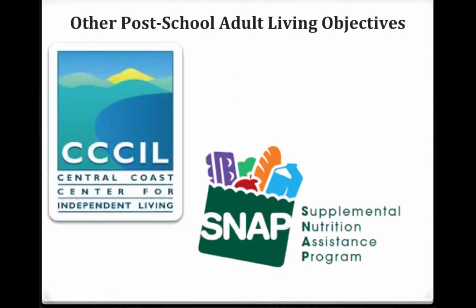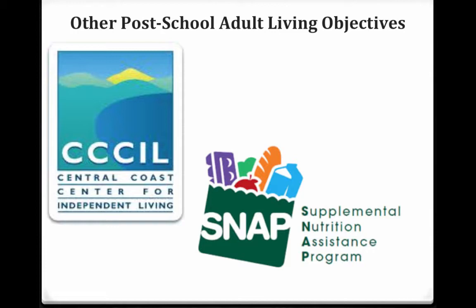And then the same thing with other post-school adult living objectives. Again, keep in mind that there are adult service agencies that you need to know about that can provide important information. Every state has an independent living center network. Every state has a developmental disabilities council.